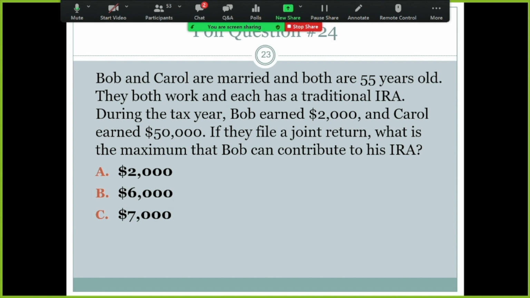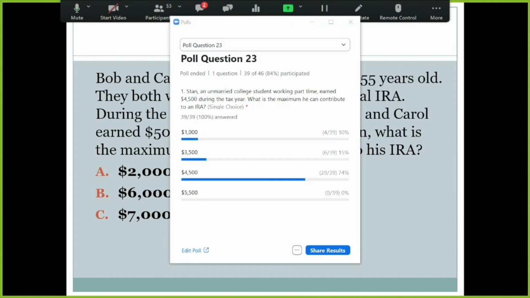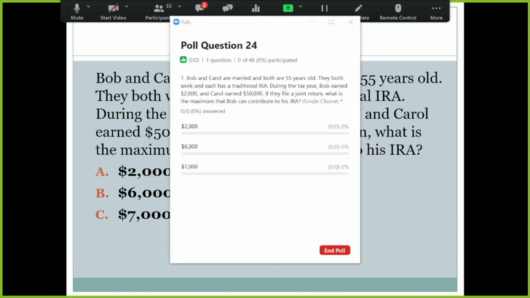If they file a joint return, what is the maximum amount that Bob can contribute to the IRA? You'll have a minute to answer that question.